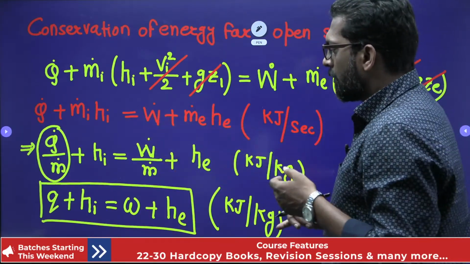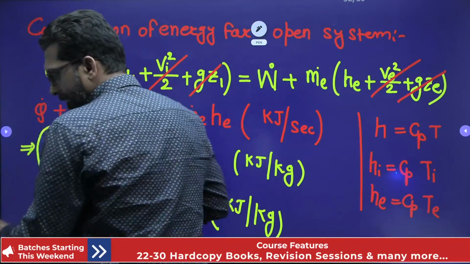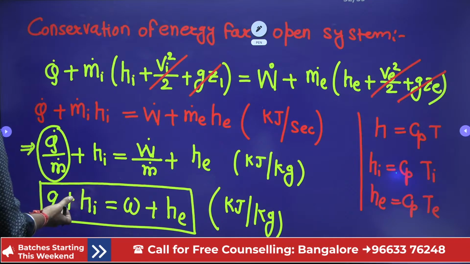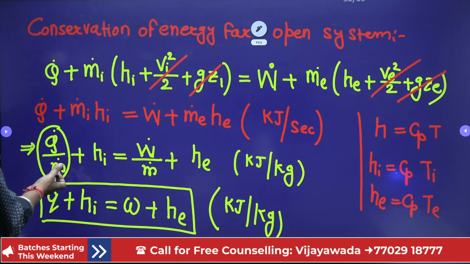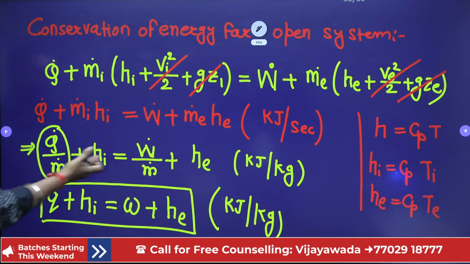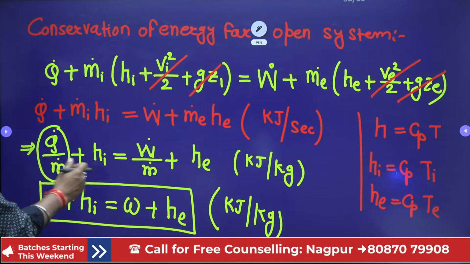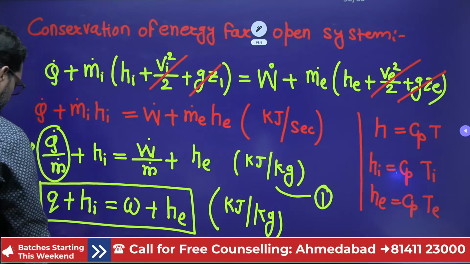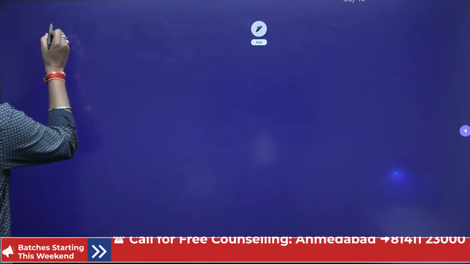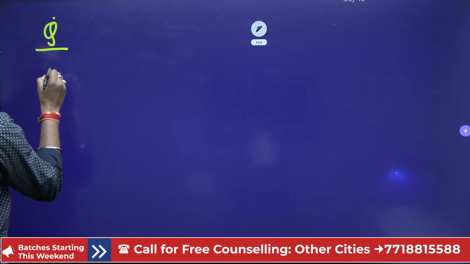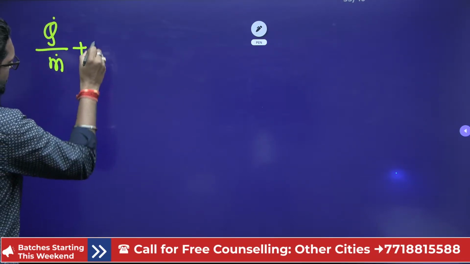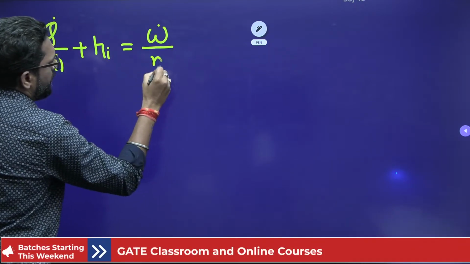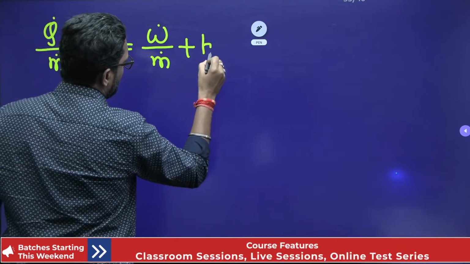Okay, so put this value. This is very interesting. First equation: Q dot by m dot plus hi equals W dot by m dot plus he.